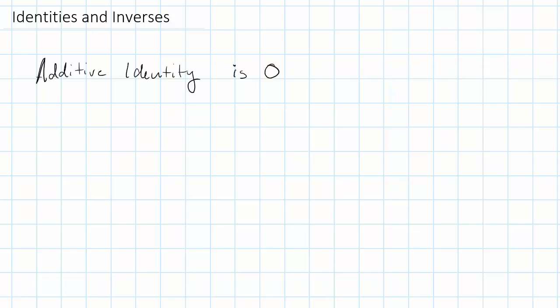So, the term additive identity refers to the number 0. Why? For any number, that number plus 0 and 0 plus that number both give you back that number. Think identity like identical. It doesn't change anything.